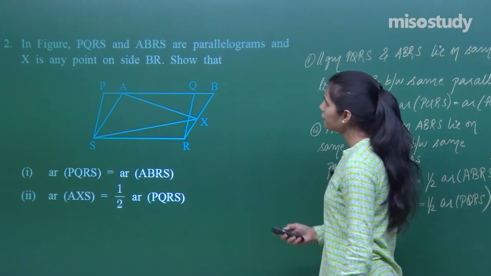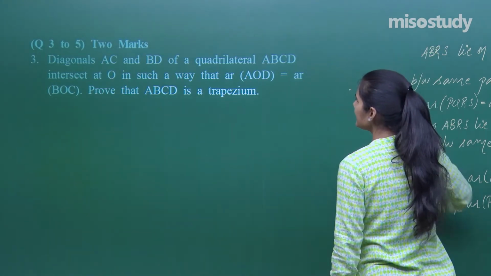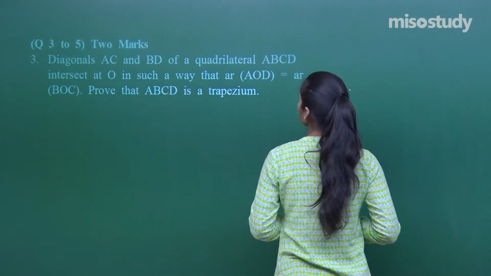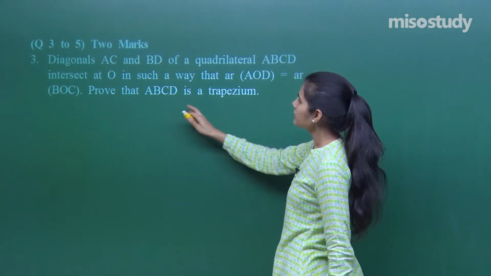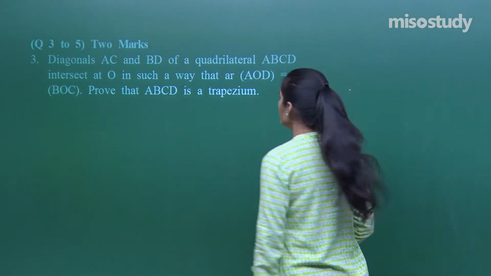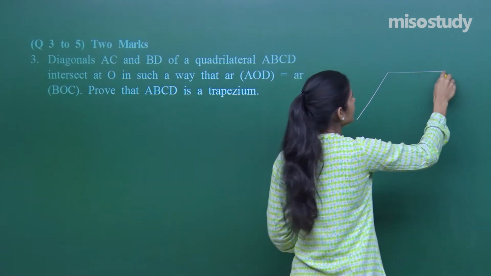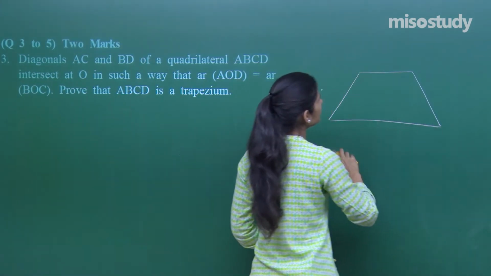Next question we have, diagonals AC and BD of a quadrilateral ABCD intersect at O. Prove that this quadrilateral is a trapezium, if these two triangles have the same areas. So let's first just draw a rough trapezium so that we can understand what all we need to prove in order to show this figure is a trapezium.